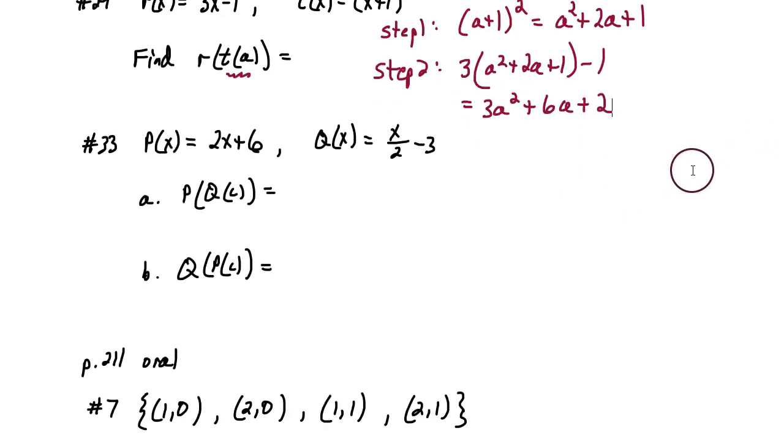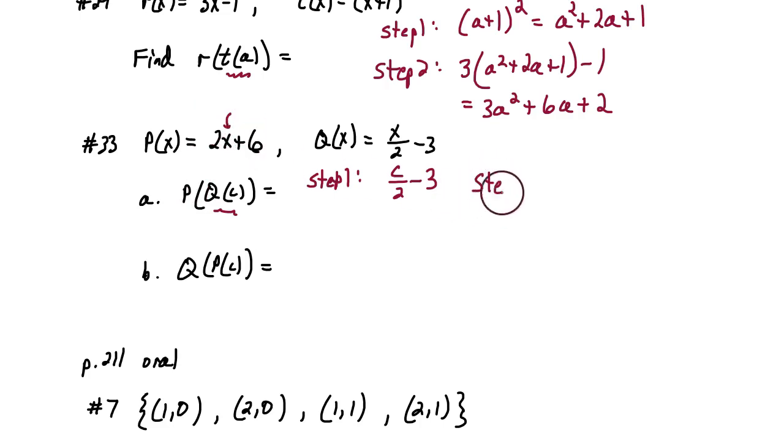Number 33, we have a rule for function p and another rule for function q. We're asked to do a composition. We're asked to first plug in c into the rule for q. Let's do that as our step 1. Where the x is, fill in c. There we go. We can't get any better than that. Now let's take that result and substitute it into the x in function p.